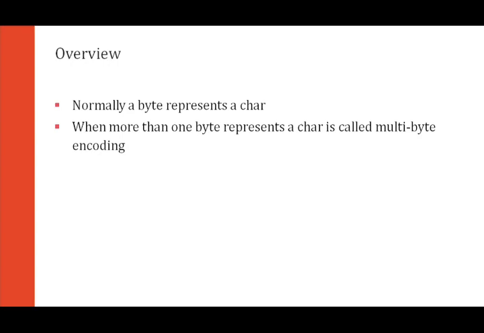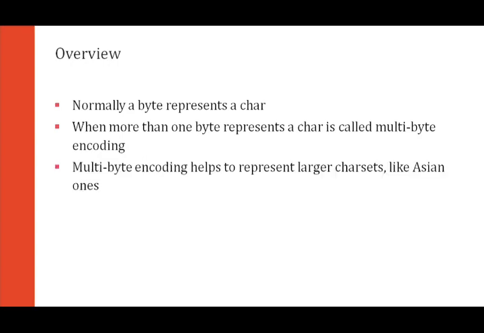That's called multi-byte. Okay, that represents larger char sets. Char sets are like alphabets, like in Asia, Chinese ones. Those ones, they have a larger char set, so they need to use all those different multi-bytes.